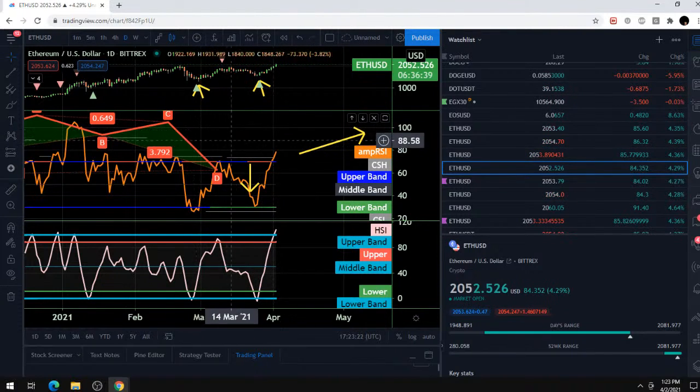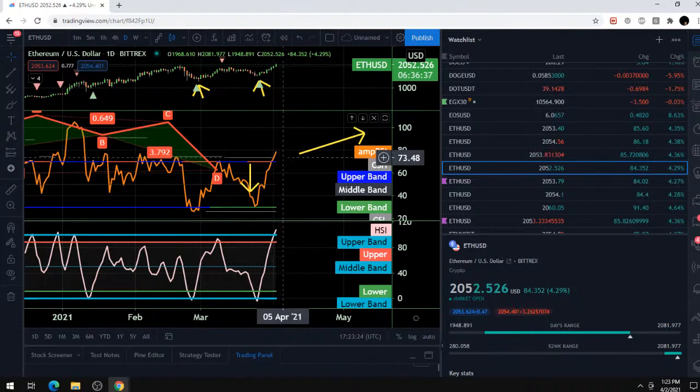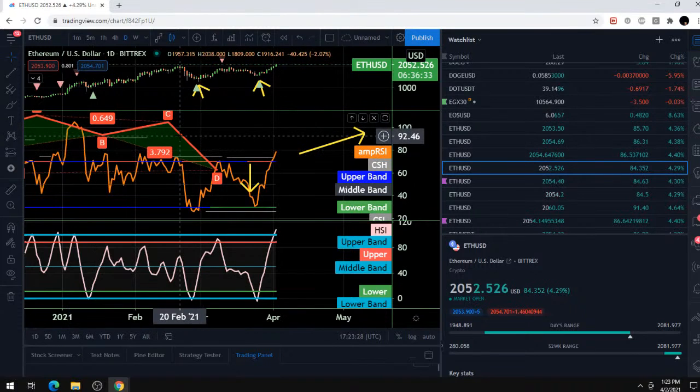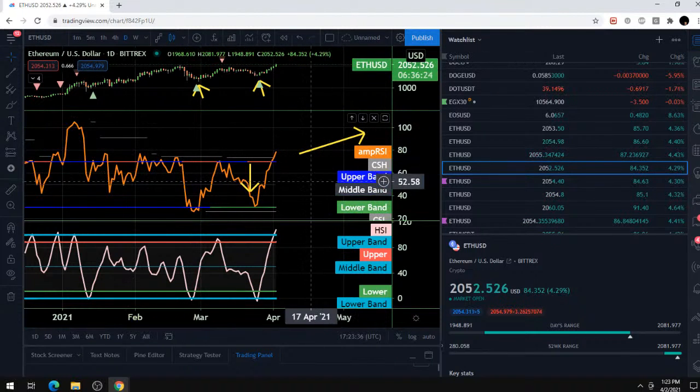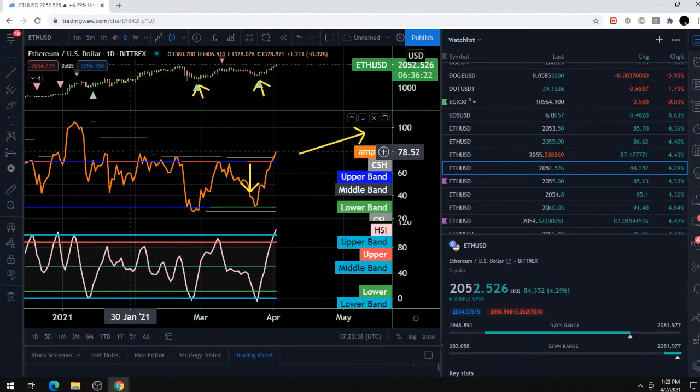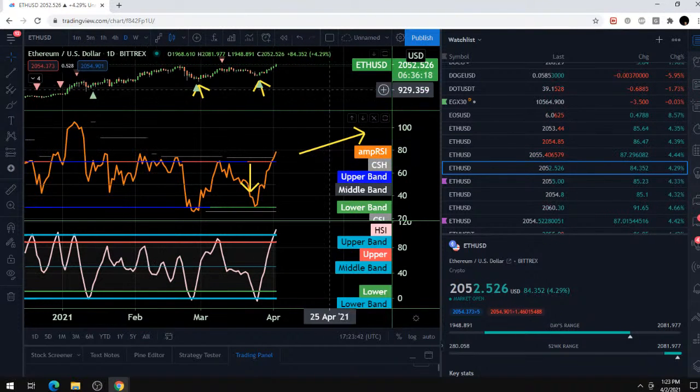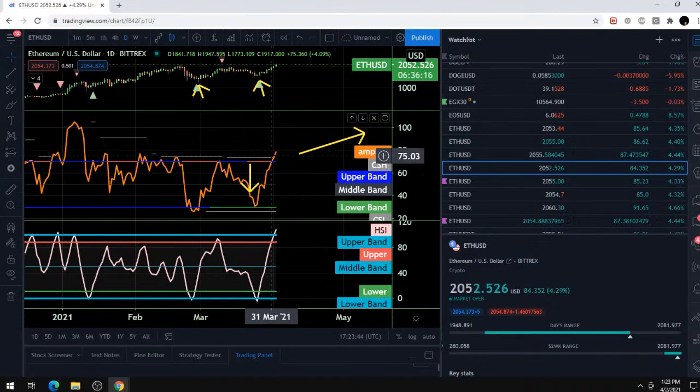And look at our RSI indicator. That's really strong. On the indicator itself, we're breaking above these recent highs.